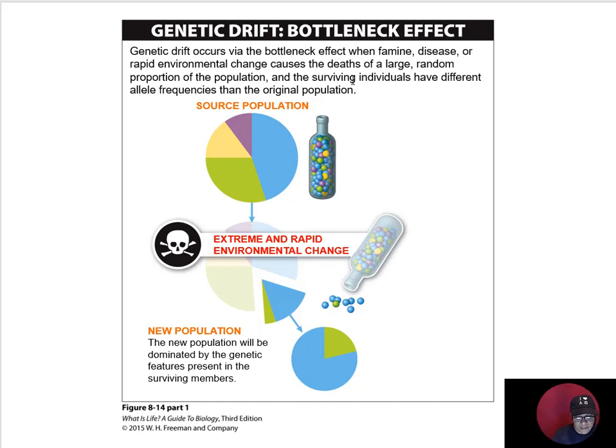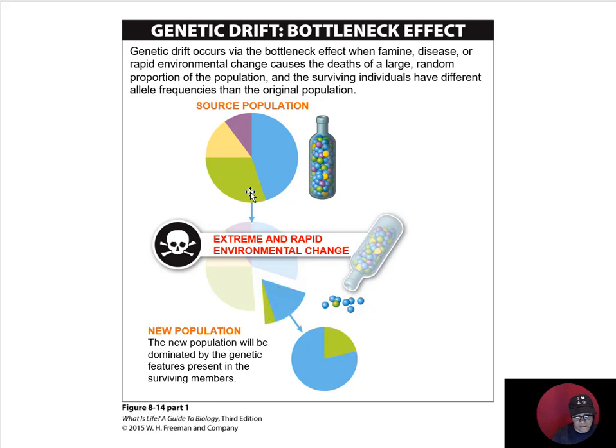And then the surviving individuals end up having different allele frequencies than the original population. So let's take a closer look at that. Here we have the original population, and here we have all these different allele frequencies in that population, right? And then we have this extreme effect that caused the death of this huge portion of the population. And those that survive now have this different allele frequency.